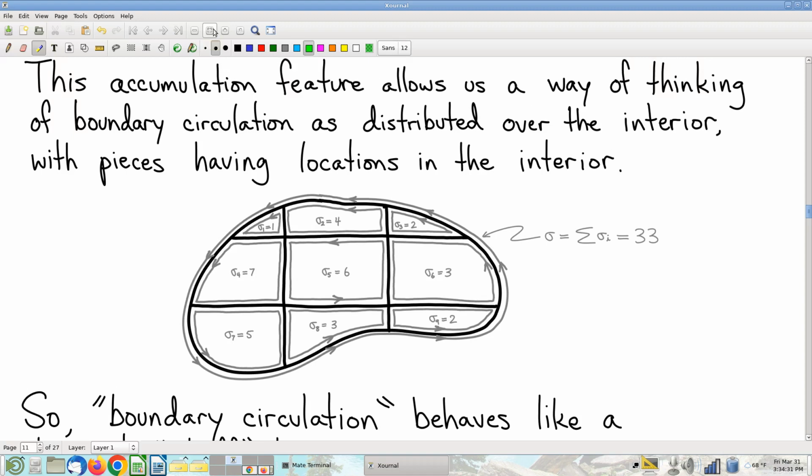Okay, and then there's this whole business here, and this is surprising. When we talk about boundary circulation, or vector line integral along a curve, it's tempting to think of it on the curve. After all, that's where you compute it, right? And I'm proposing this counterintuitive idea here that we should not think of it as being on the curve.